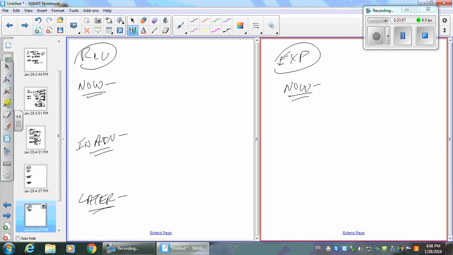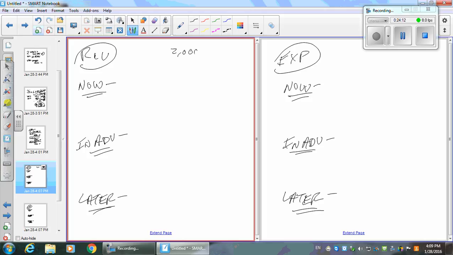I hereby decree that it's $2,000. Is this just for the revenue, or is this one company doing something for another? It's one company doing something for the other.